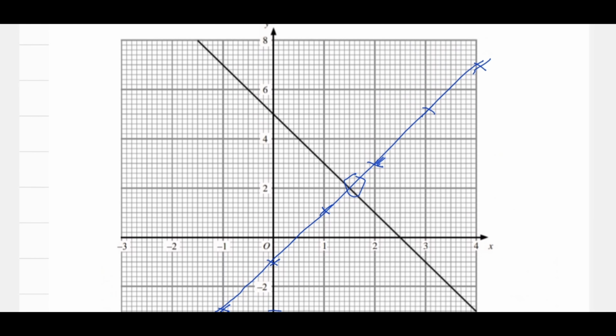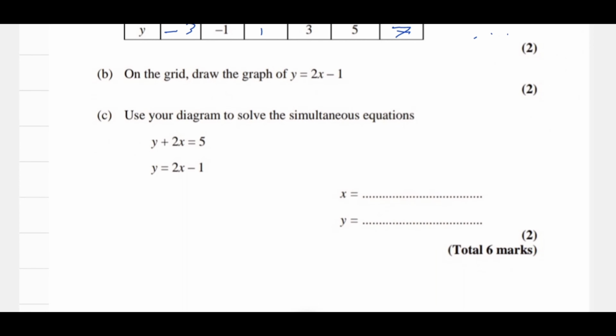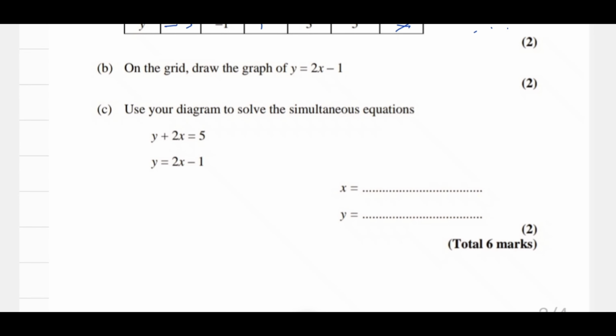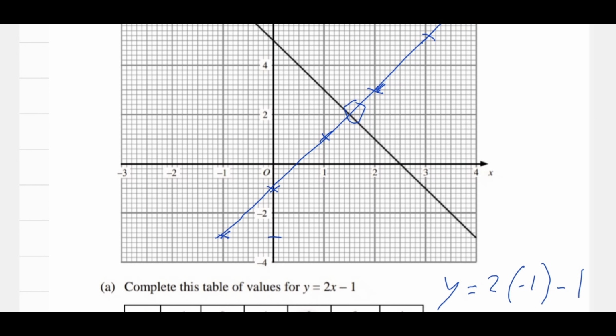We can see that the point of intersection goes along 1.5 in the x and 2 in the y.